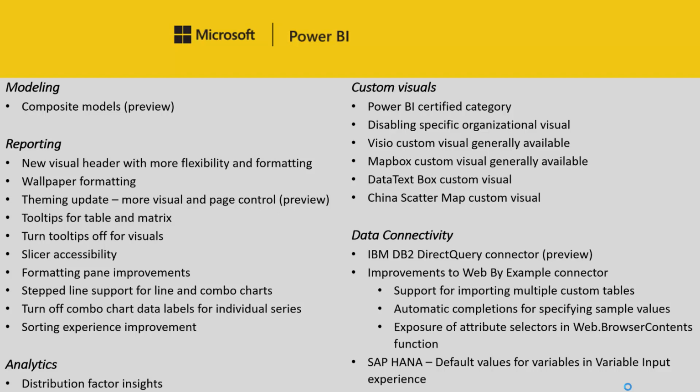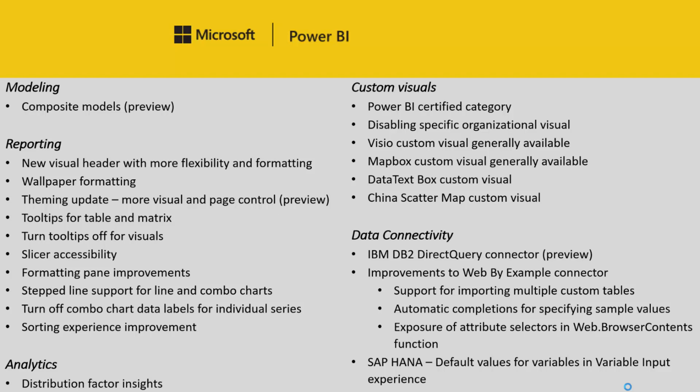So we have 3 improvements for this web connector this month, the first of which is support for importing multiple custom tables. This will allow you to enter the extract table using examples dialog from the navigator dialog multiple times, allowing you to create as many custom tables as you want. Secondly is the automatic completion for specifying sample values.